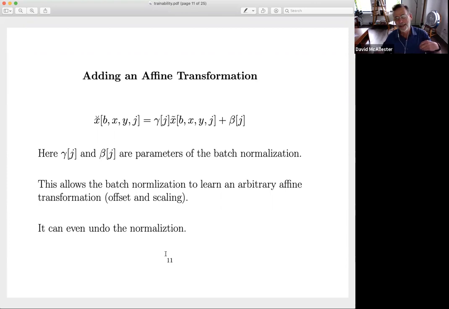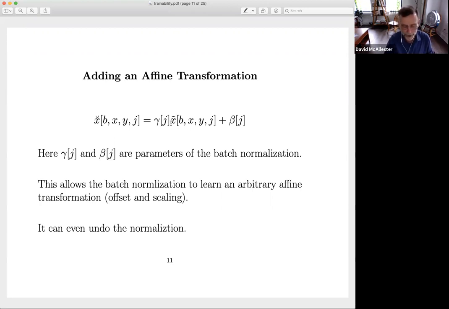Okay, and when you go to PyTorch and look up the batch norm layer, in addition to doing what I just said, before it feeds the result to the activation function, it does an arbitrary affine transformation.